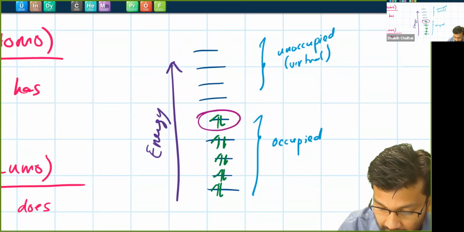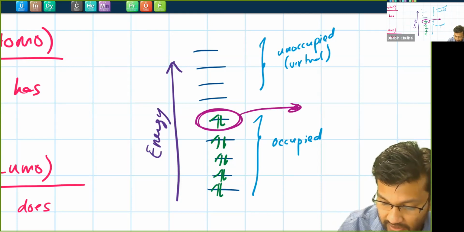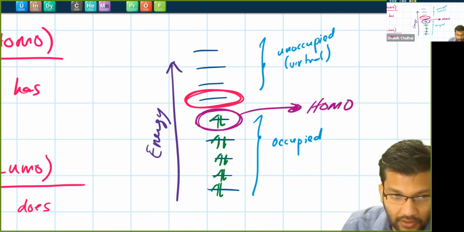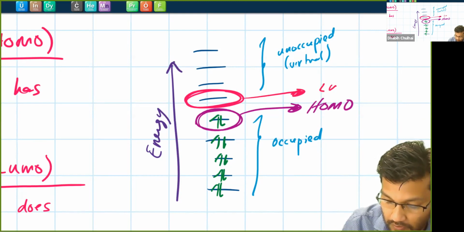This orbital right here, it's the highest energy orbital that has electrons in it. So this will be the HOMO. And this orbital right here, it's the lowest energy orbital without electrons in it. That's the LUMO.